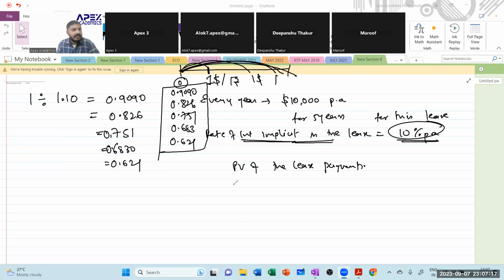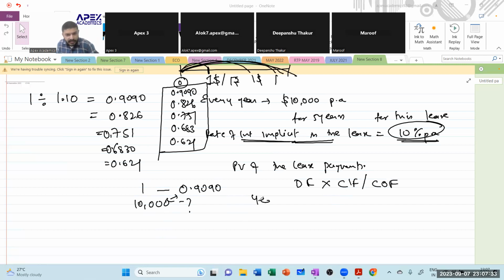So now what happens is, if 1 rupee after 1 year is going to be 0.9090, how much is 10,000 going to be? That's the basic cross multiplication we have to do. So essentially, you have to multiply the discounting factor with the cash inflow or the cash outflow. So in the first year, second year, third year, fourth year, and fifth year, what are your rent payments?